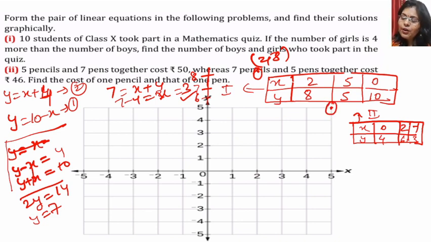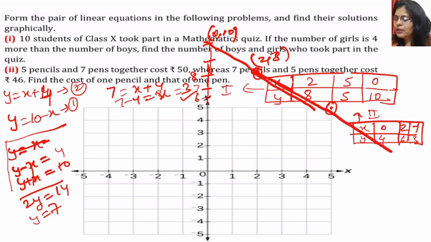And 0 and 10 will be somewhere on the top of it. It will make the line over here. If we draw it properly with a scale, you will have a straight line.